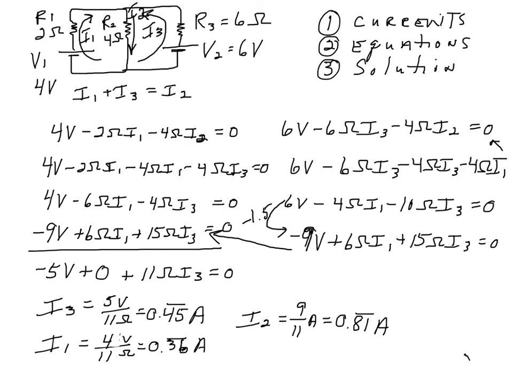And when I do that out, I end up that I1 is equal to 4/11, 4 volts over 11 ohms, or 0.36 repeating amps. And I2 has to be the sum of those two, so when I add the 5/11 and the 4/11, I get 9/11 amps, or 0.81 repeating amps. So that's the solution to that problem.